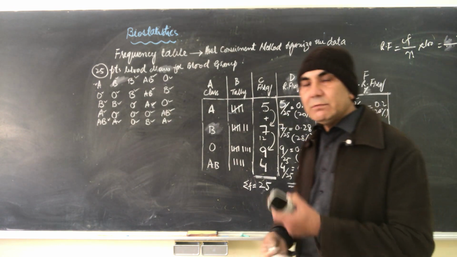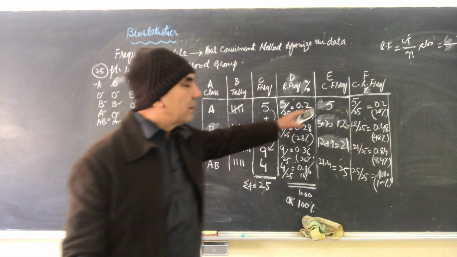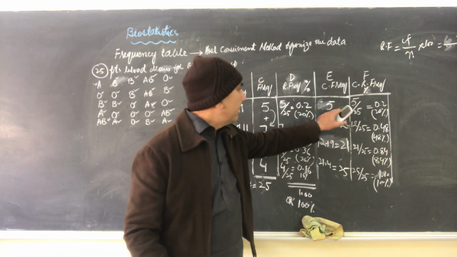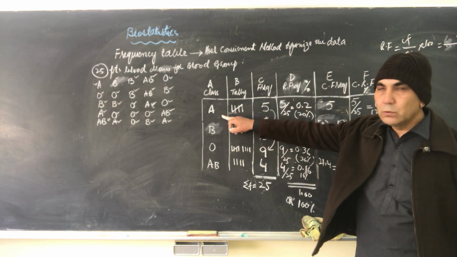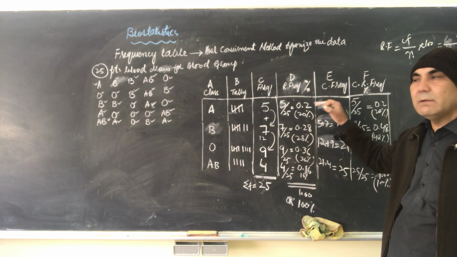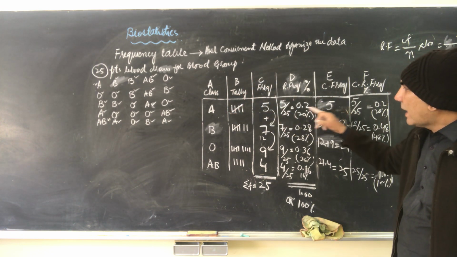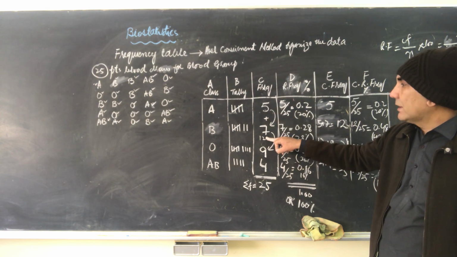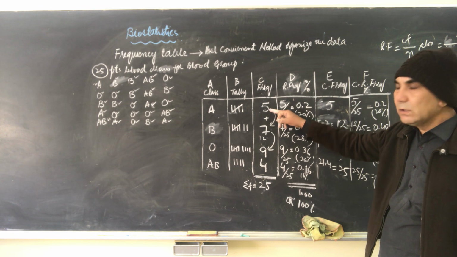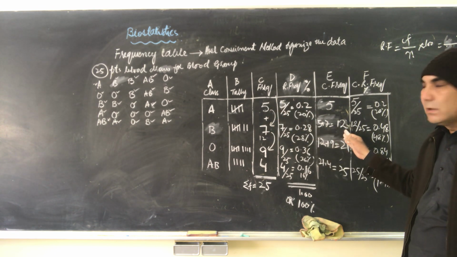In the cumulative frequency, we include the next frequency and the first one. The cumulative frequency for the A group is 5 because no other group is present before that data set. The frequency for the B group is 7, so we add 5 with 7 and it becomes 12.